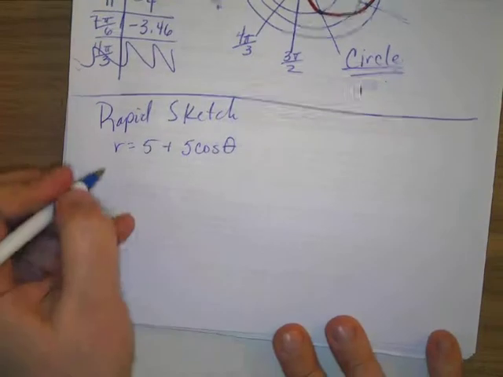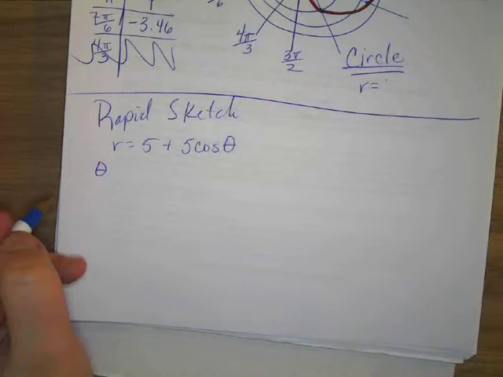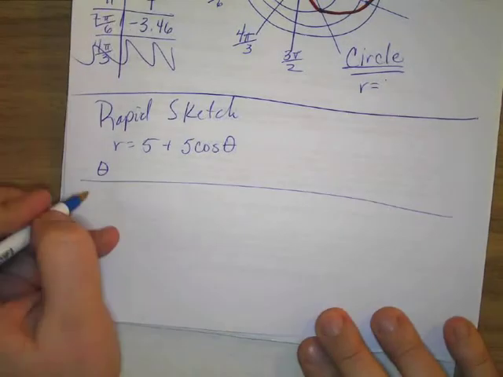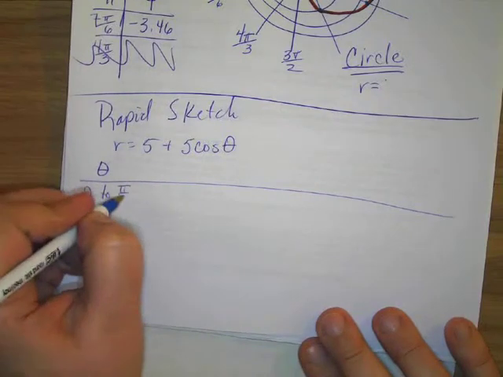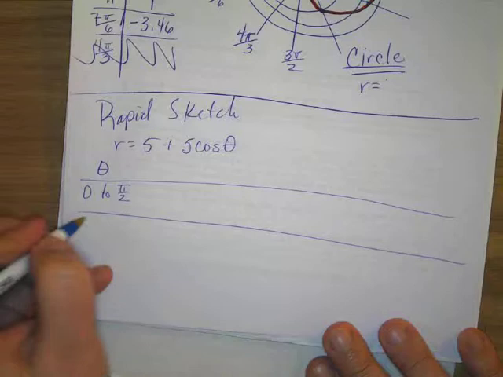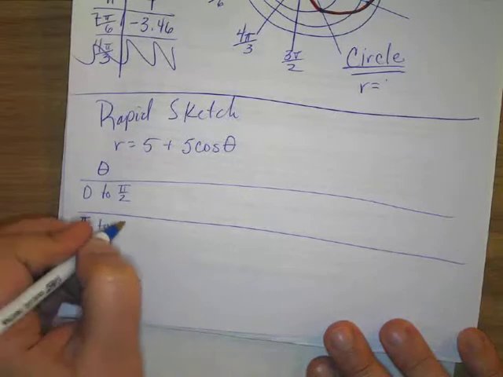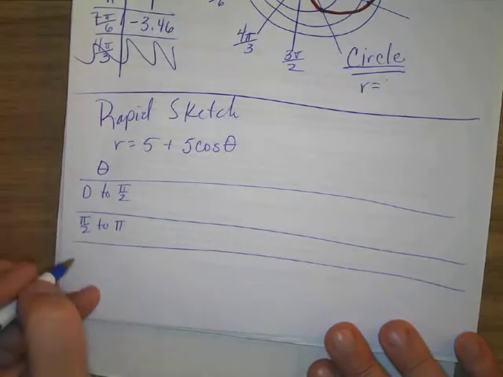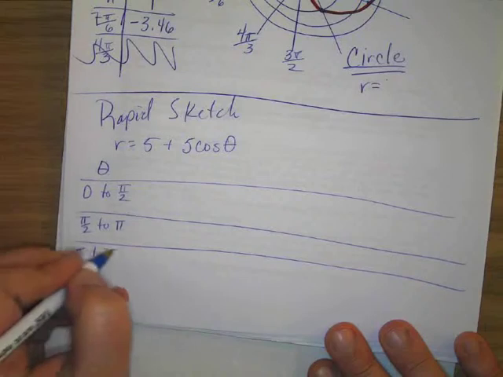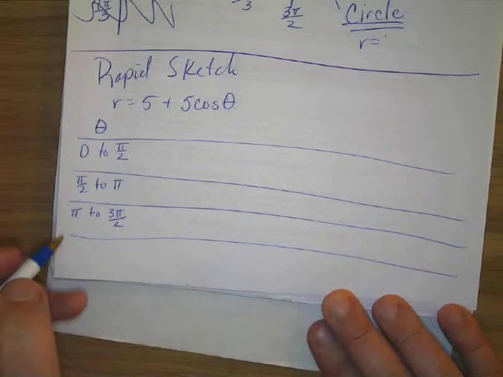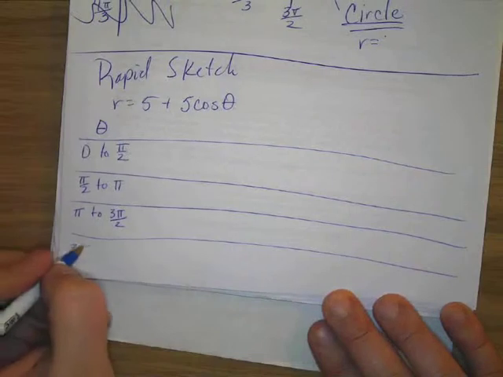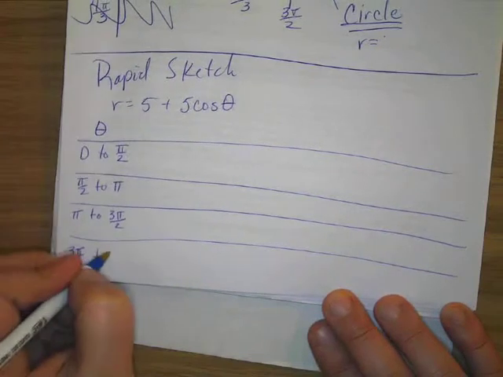So for the rapid sketch, our independent variable is still theta. We're going to look as theta goes from 0 to the next quadrantal, which is pi over 2, and then from pi over 2 to pi, pi to 3 pi over 2, and then 3 pi over 2 to 2 pi.